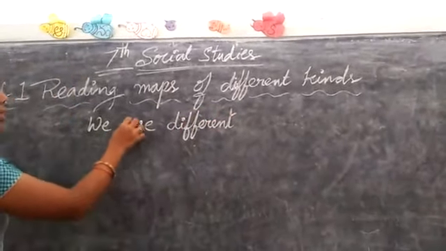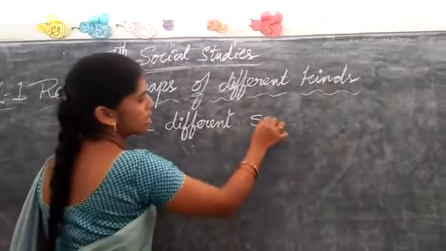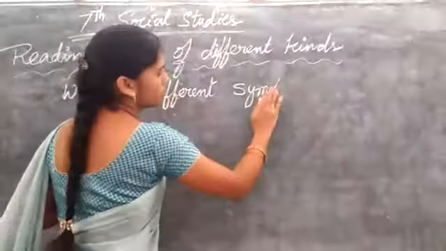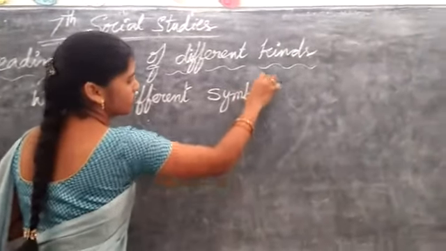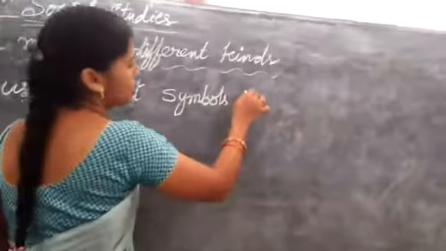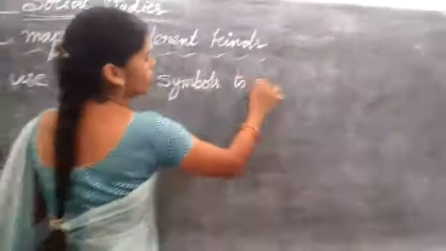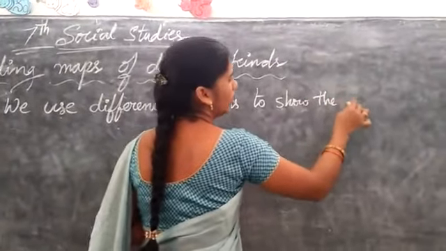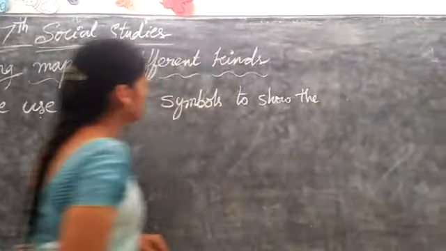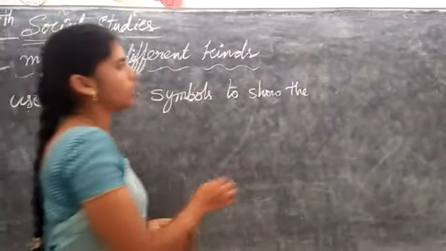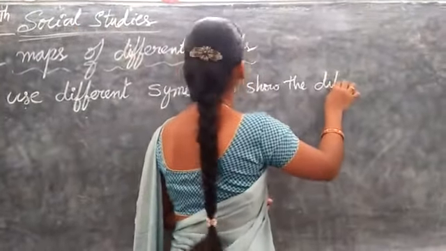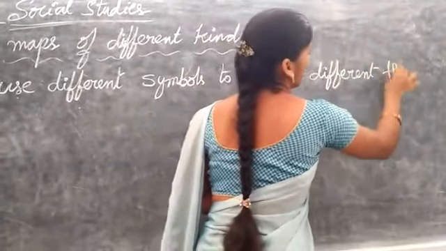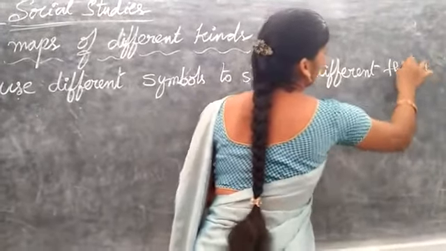We use different symbols to show the different things on a map.